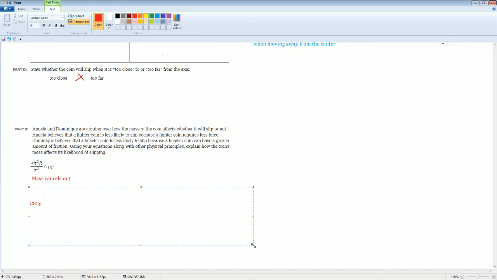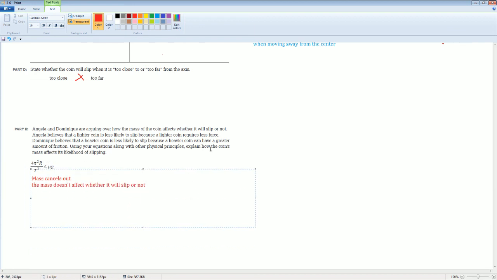The force of friction times gravity is basically only influenced by the period T and the radius. So use your equation along with other physical principles to explain how the coin's mass affects its likelihood of slipping. The mass doesn't affect whether it will slip or not.